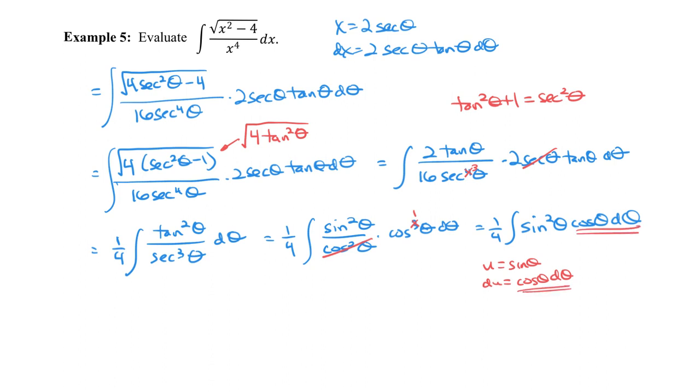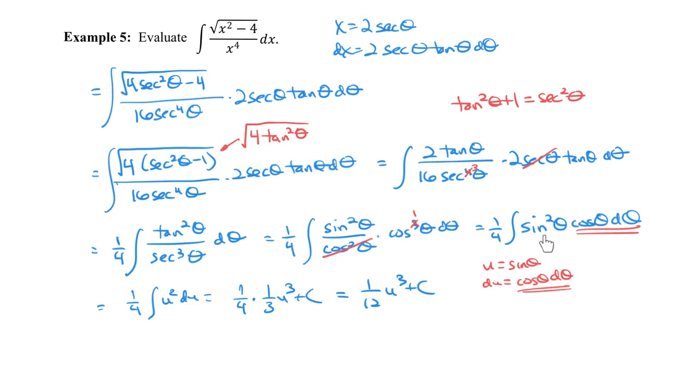Then this would be 1/4 u squared du, which would be 1/4 times 1/3 u cubed plus c, which is really 1/12 u cubed plus c. Now I've got u, I have to turn that into theta, and then turn theta back into x's.